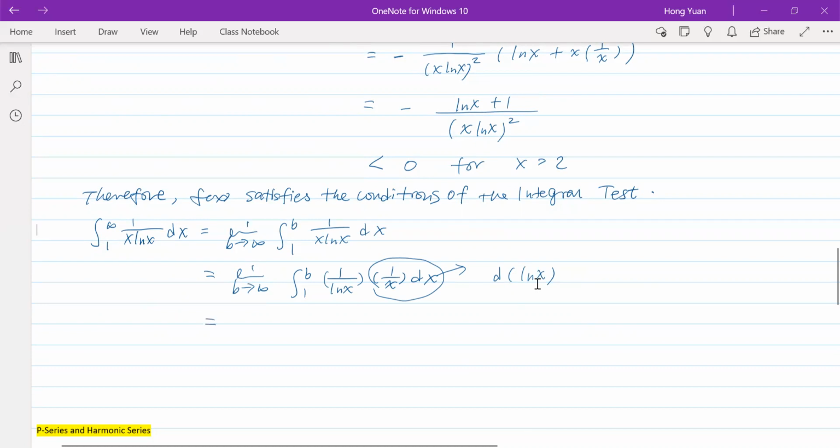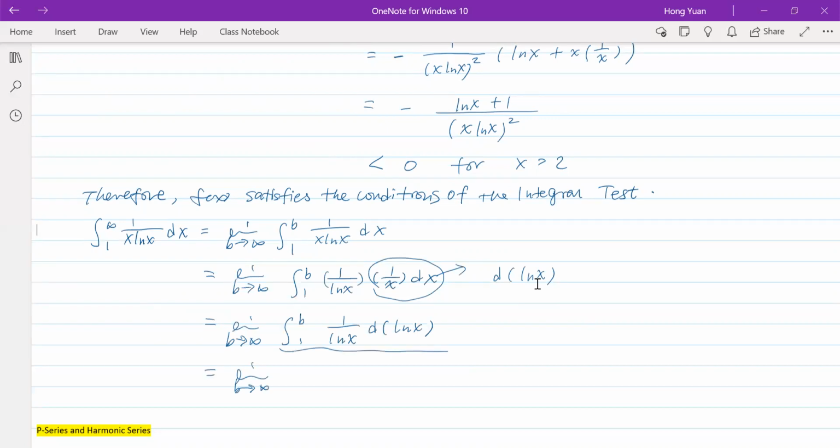So it equals the limit as b approaches infinity. Here I rewrite again d of ln of x. So it equals the limit as b approaches infinity of, how much is this?